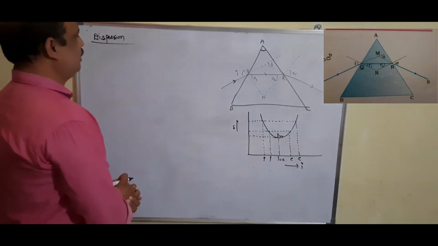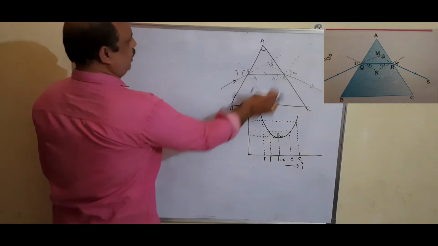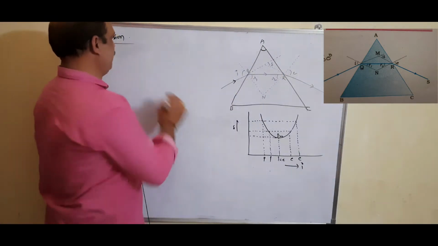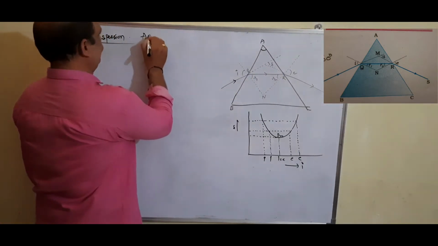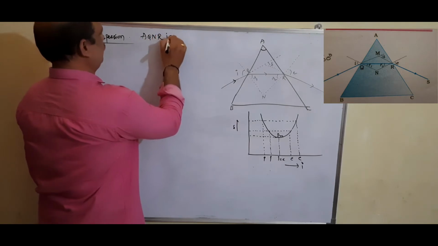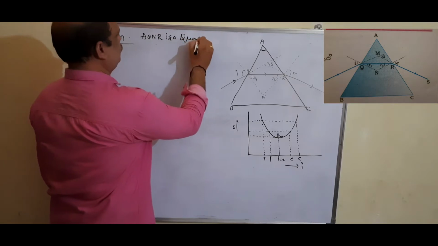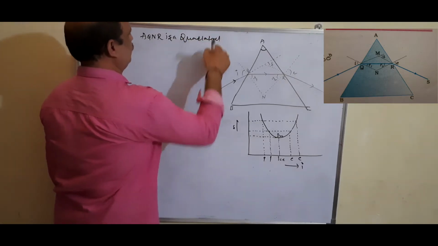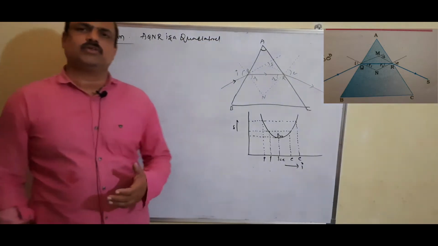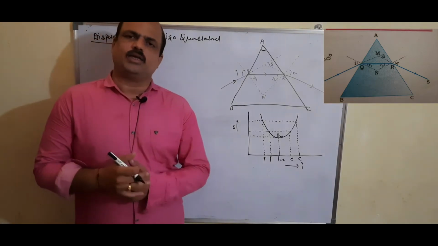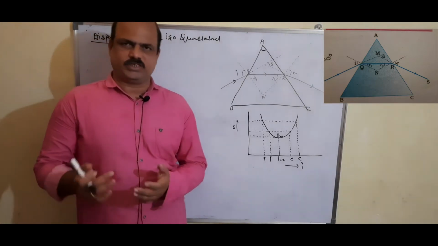So here AQNR is a quadrilateral. In a quadrilateral we know that the sum of the angles becomes 360.